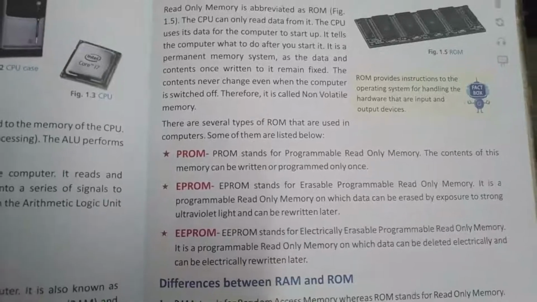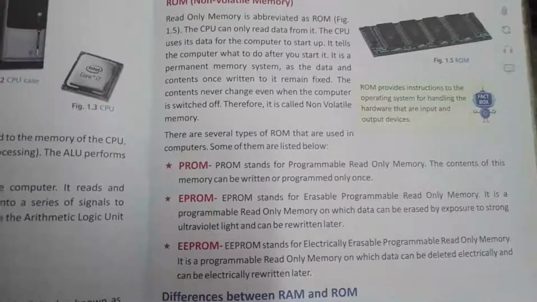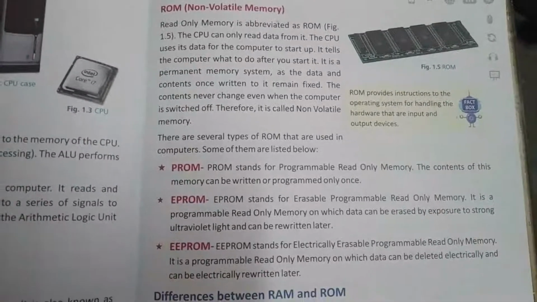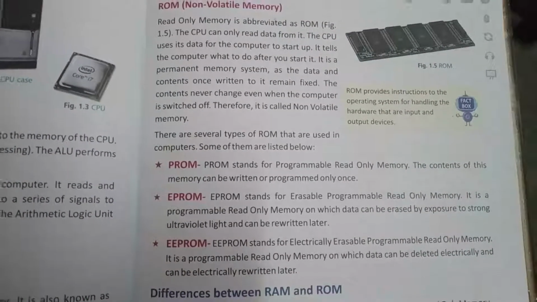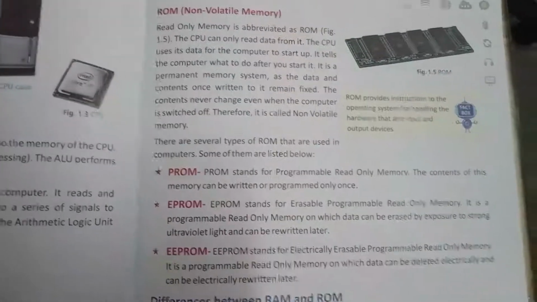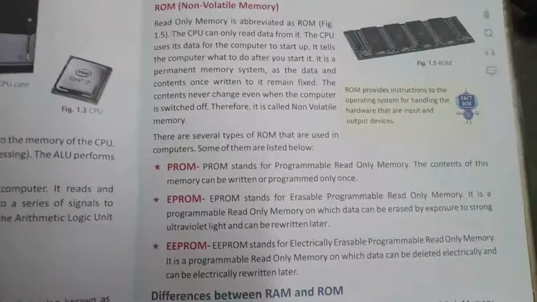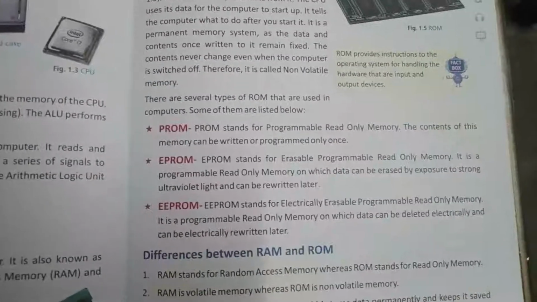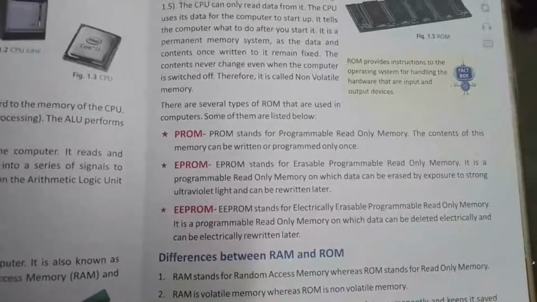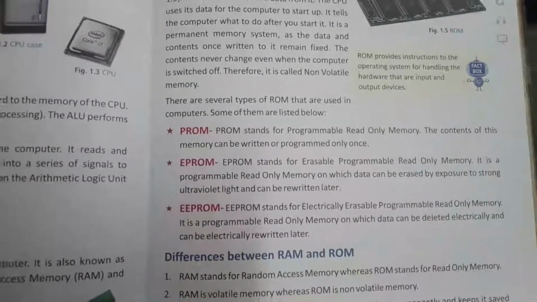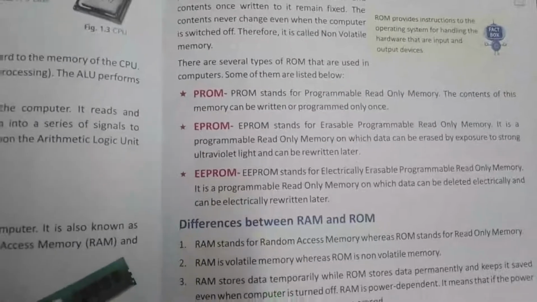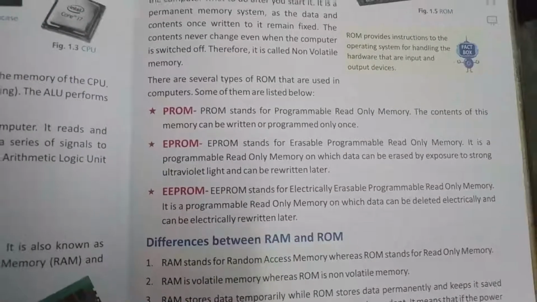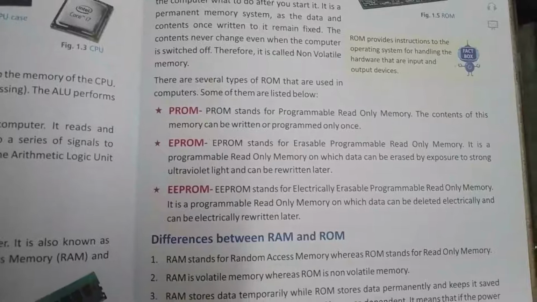So PROM is only read-only memory. Whatever information we give to PROM, we can only read it. We cannot remake it. Once made, it is final. Then EPROM means we can erase it and rewrite on it. Then the third one, EEPROM, stands for Electrically Erasable Programmable Read-Only Memory.